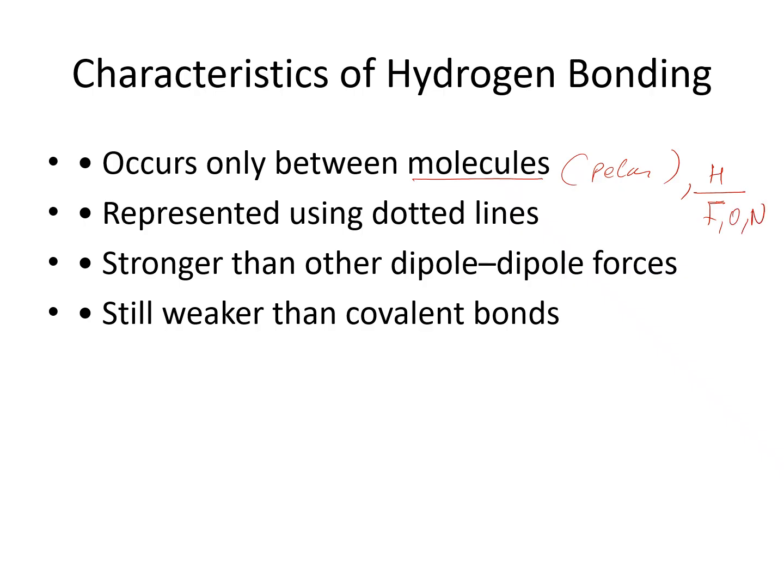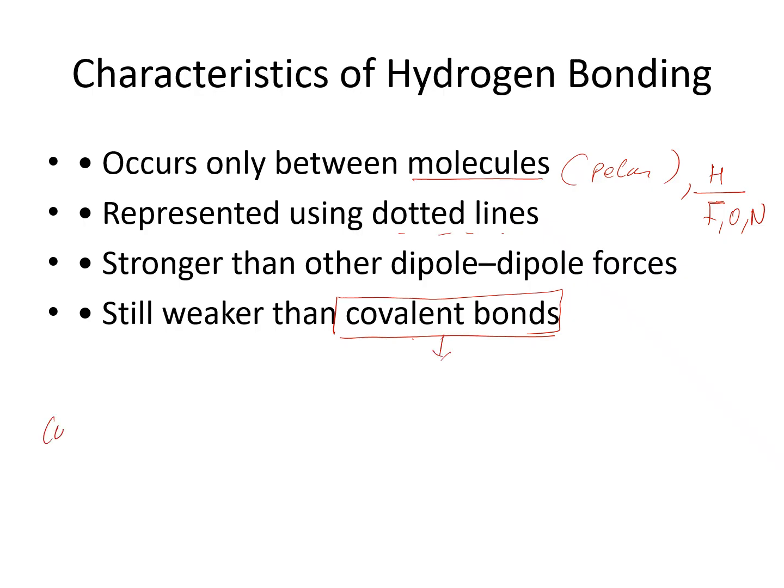It is represented using a dotted line. So how are you going to represent that a bond exists between these molecules? You should show it by a dotted line. Okay. It is stronger than the other dipole-dipole forces, still weaker than the covalent bond. You know that because they are still attractions. They are not bonds. But a covalent bond is made by sharing of electrons. That's why this is the strongest one.